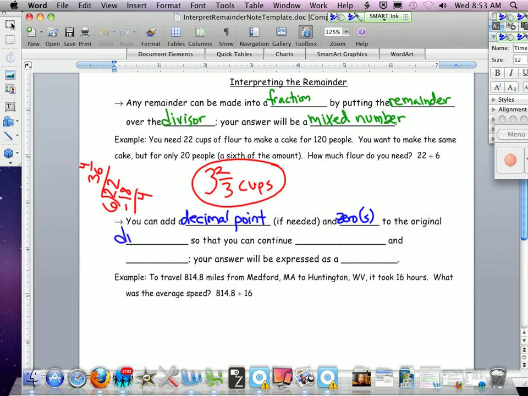We're not changing the value if we add zeros after the decimal point, so that you can continue bringing down and dividing. We're going to use this scenario if either number already has a decimal point, or if it specifically says express your answer as a decimal.